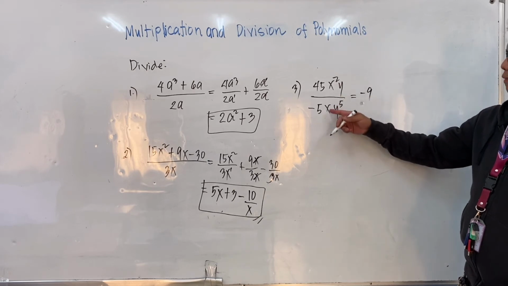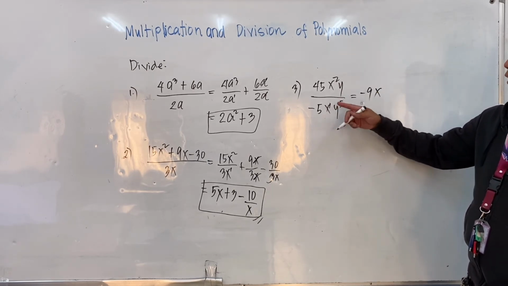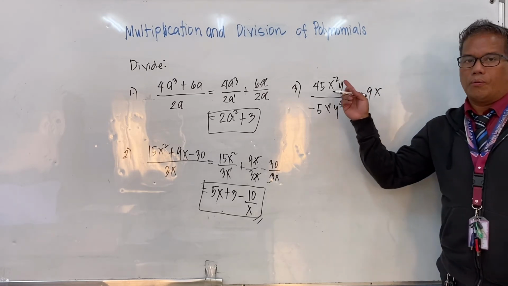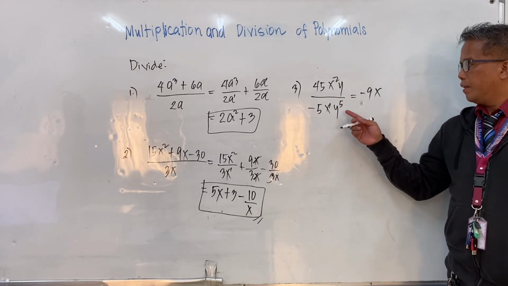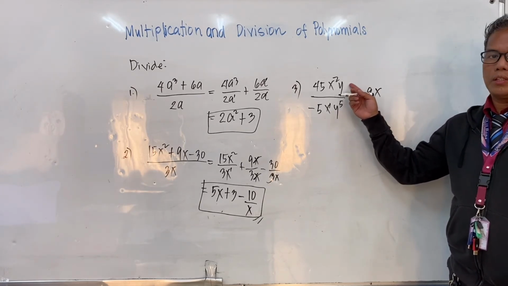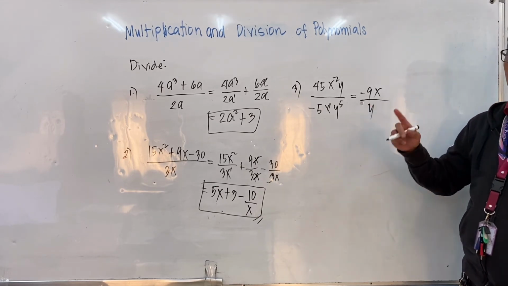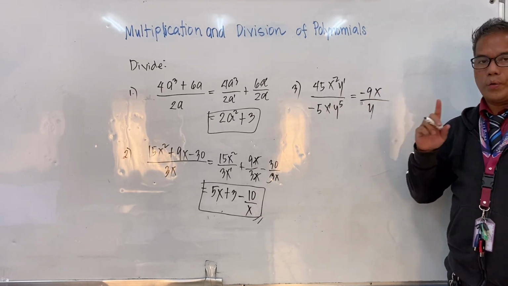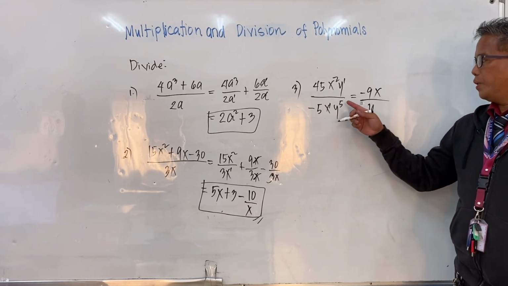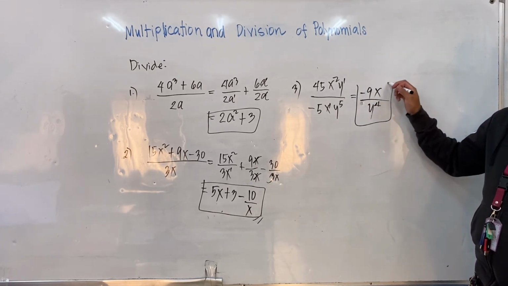And then x squared divided by x is equals to x, because 2 minus 1. Then look at this, y over y raised to the 5th. The exponent in the denominator in variable y is greater than the numerator. So you put the answer in the denominator also, but still you are going to use subtraction. 5 minus 1 equals 4, so write it 4. So this is now the answer.